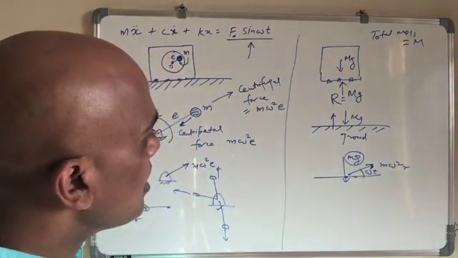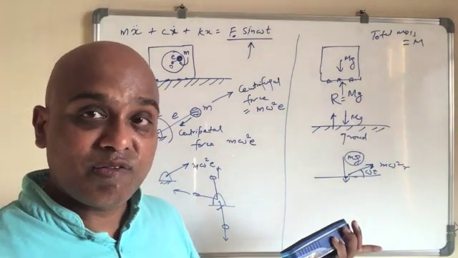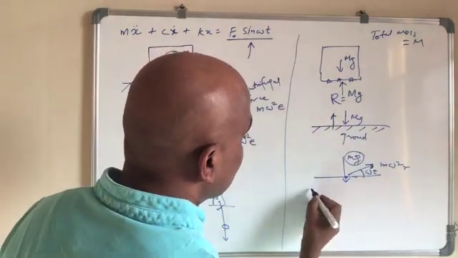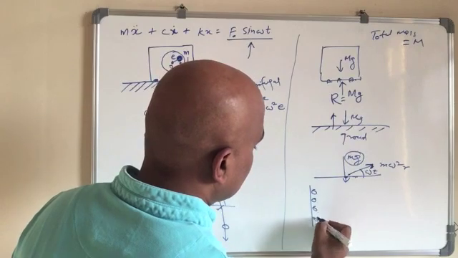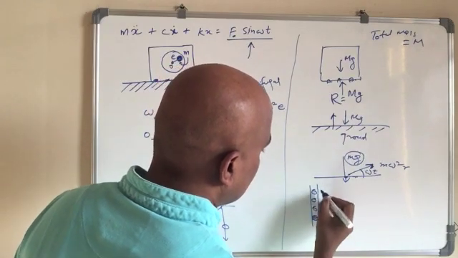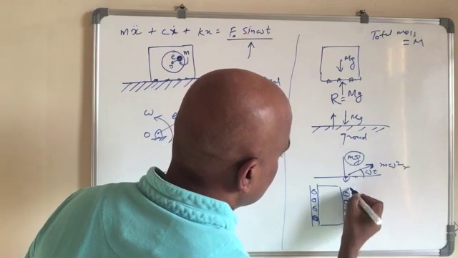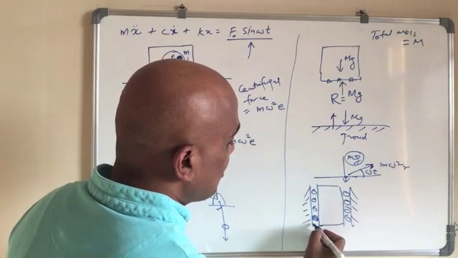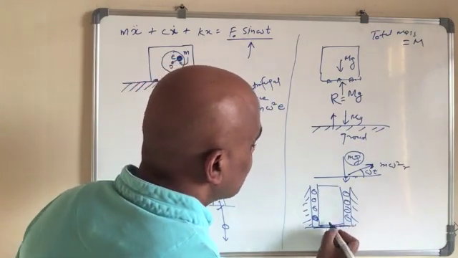Now let us say we are assuming only the vertical force. In that case, we can say there is a roller here, on both the sides, something like this, and we just want to know what the vertical force is.